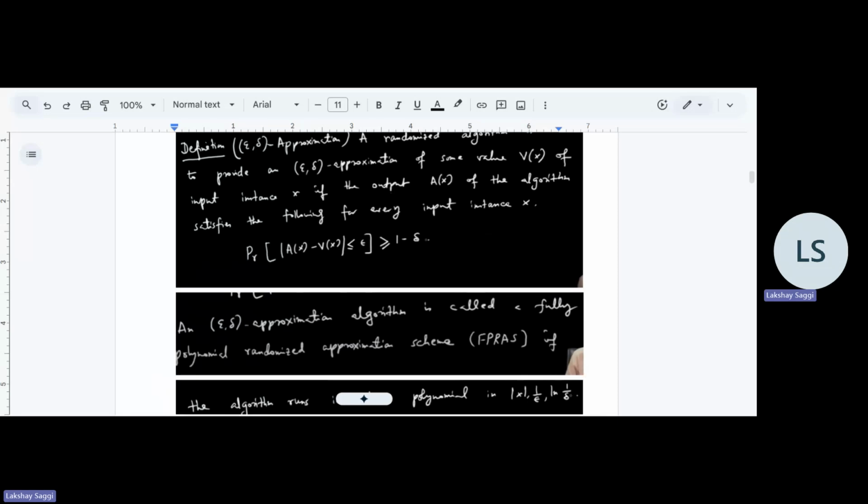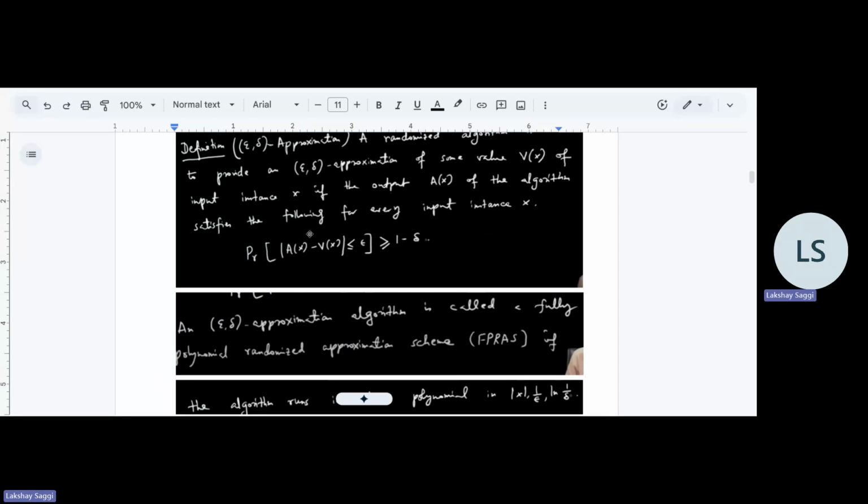But what you can say is, if we are able to guarantee that whatever the output is, it is close to the actual value v with high probability, say if we take 1,000 instances, then 999 times our output will be very close to the actual output, that is still fine for us, and that's what we call an epsilon delta approximation.